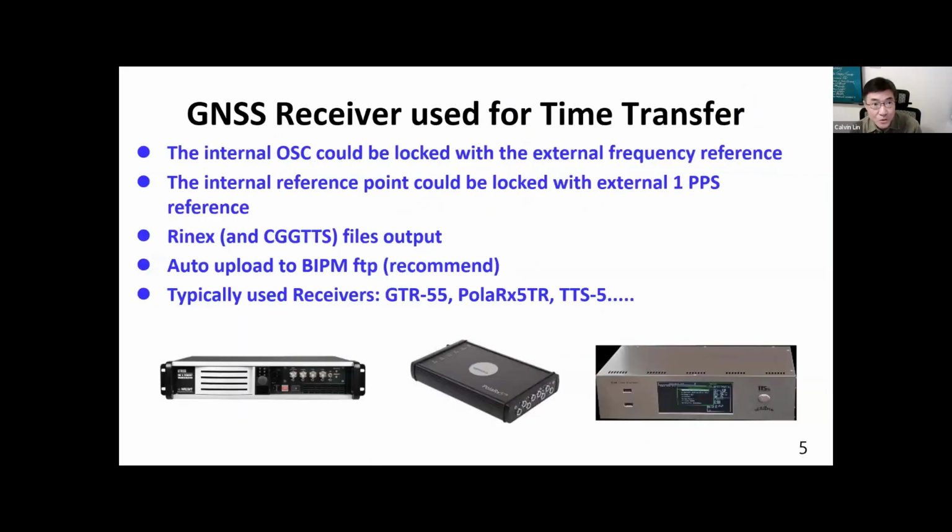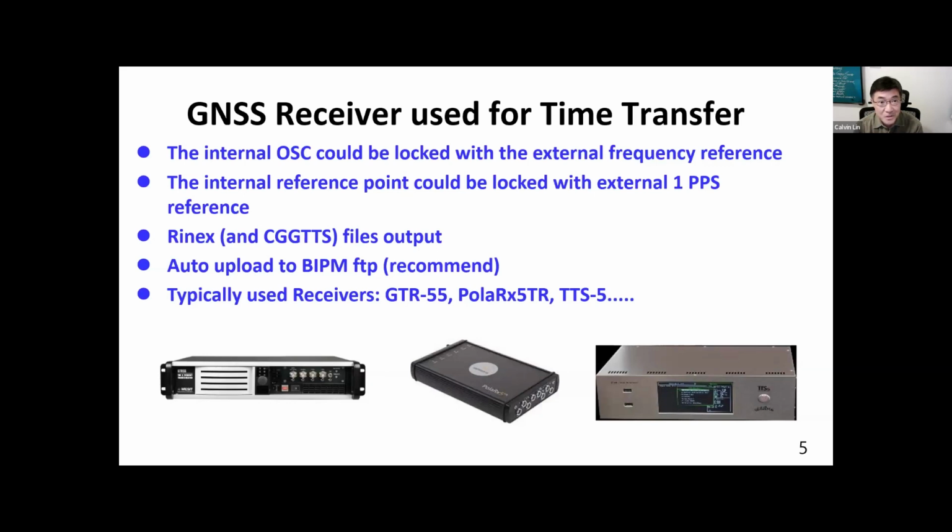Before we do GNSS time transfer, we have to install the GNSS receiver. For a GNSS receiver used for time transfer, we hope, first, the internal oscillator can be locked with an external frequency reference, and its internal reference point can be locked with an external 1 PPS reference. That's your typical UTC K point. It should generate a RINEX and CGGTTS file output.